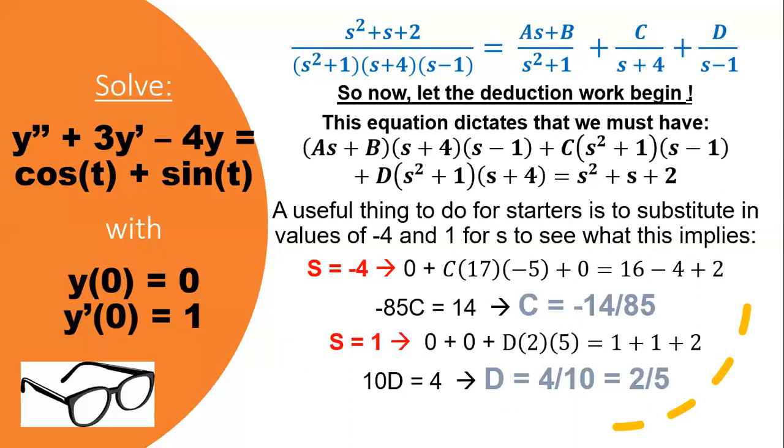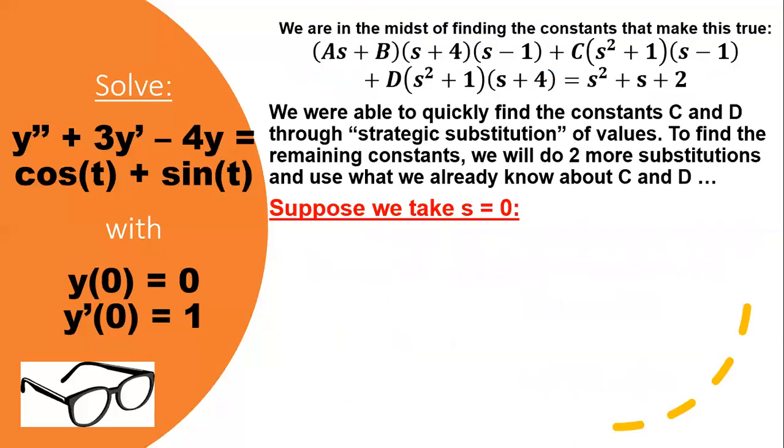We've already found the constants C and D that are going to be, in the end, the coefficients of our exponential terms in our solution. But what about the A and the B, those coefficients of our sine and cosine terms? Well, while there are no more substitutions that will eliminate terms so quickly, there are some other substitutions that give us very simple equations.